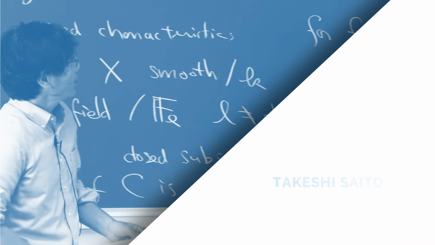Then we say F is micro supported on C if there are two conditions.